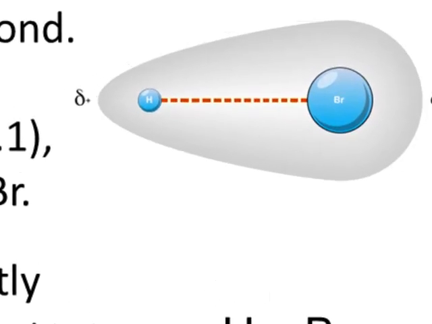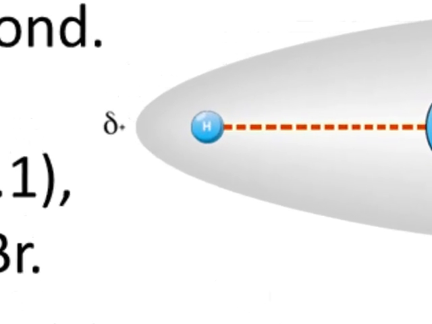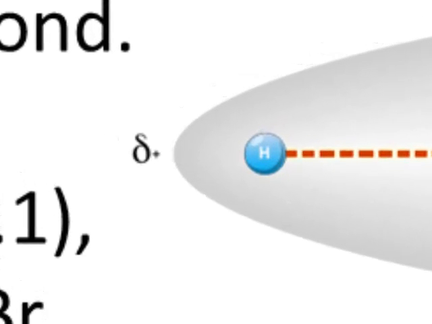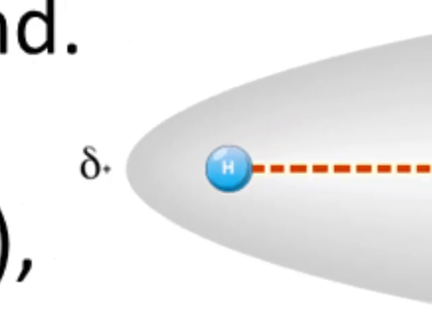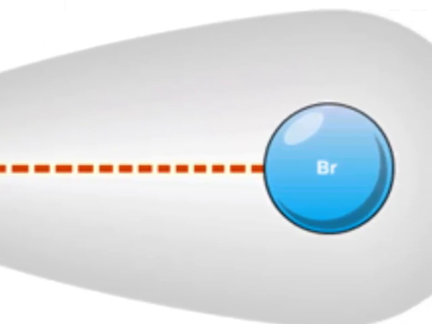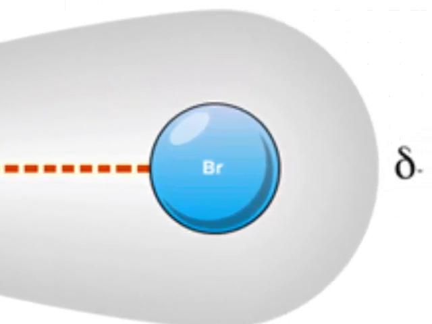The hydrogen end is slightly positive, so we'd put a delta plus at that end, as you can see on the left side of this upper diagram. And we see a delta minus next to the bromine because it's a slightly negative end. It has more of an attraction for the electrons in the bond, and therefore it's going to have those electrons pulled more towards that side of the molecular orbital.